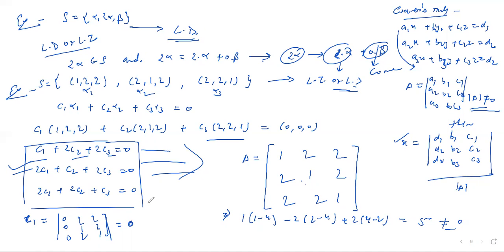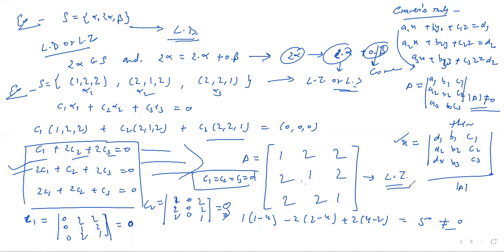And similarly for C2, the determinant is 1, 2, 2, 0, 0, 0, 2, 2, 1, so the determinant for C2 also became 0. So from this we get that the values of C1, C2, C3 are all 0. So this set of vectors is linearly independent.